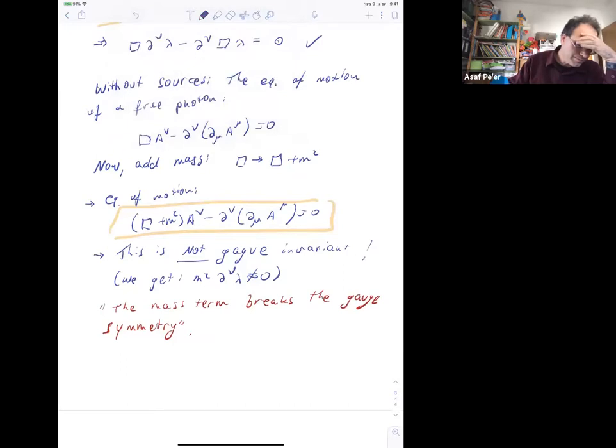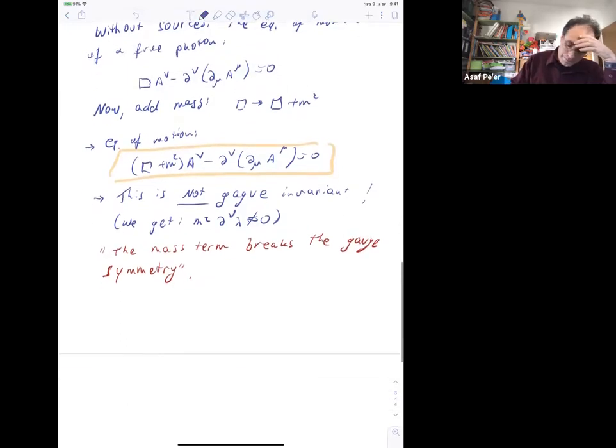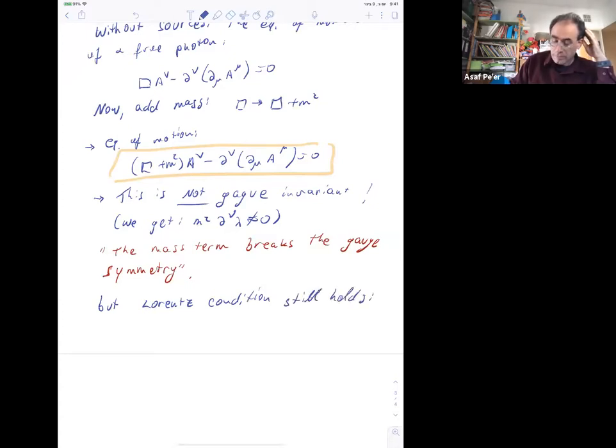So let's show that. The Lorentz condition still holds. The simplest way to show that is to take the derivative of this equation here, the one that I squared with the orange.